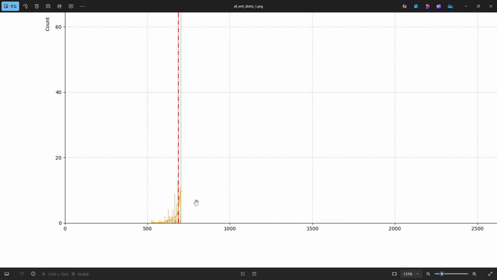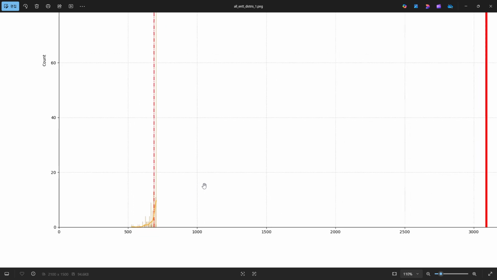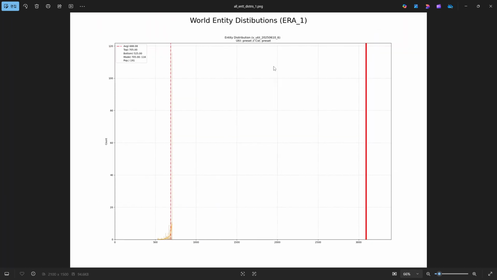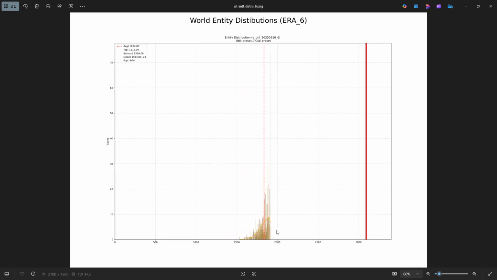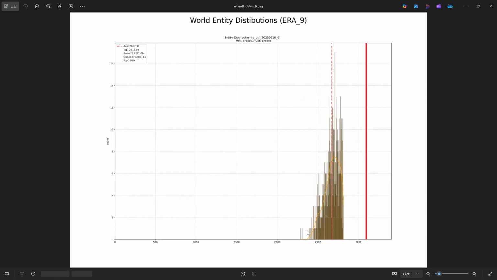Because right now this is less than the left half of a normal distribution at the end of the second era, third era, fourth era, fifth, sixth, 7th, 8th, 9th, and 10th.